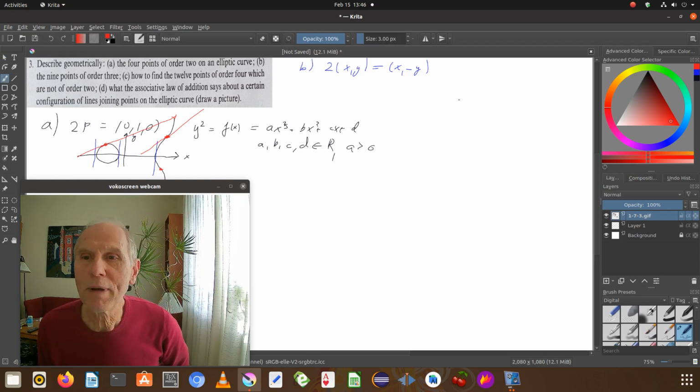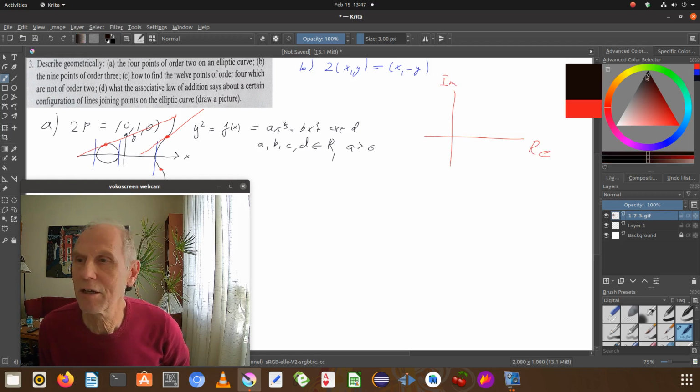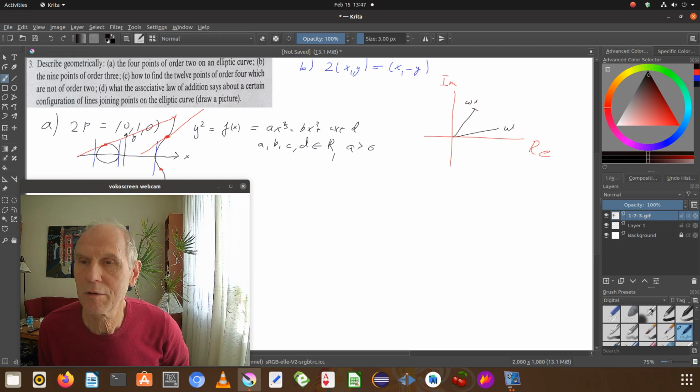Now if we go back to the complex plane with the original lattice, then we have the lattice points.